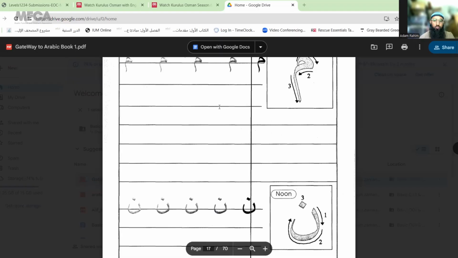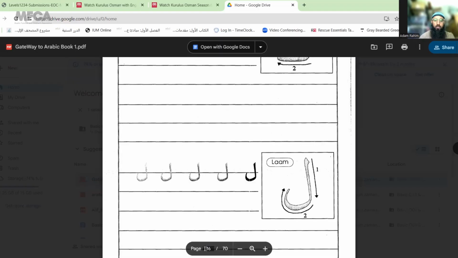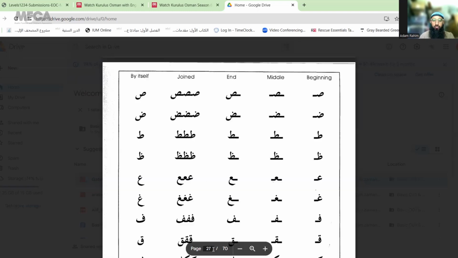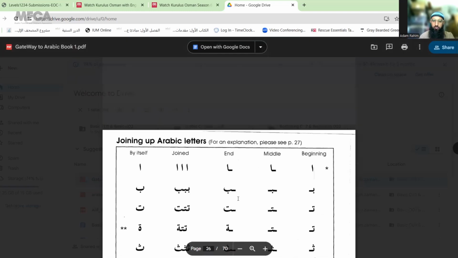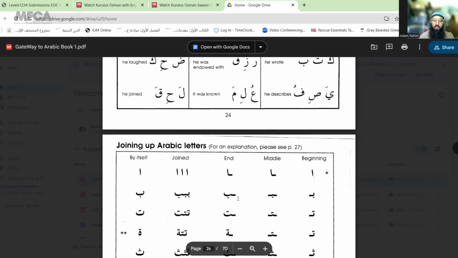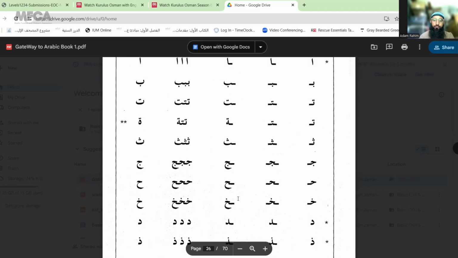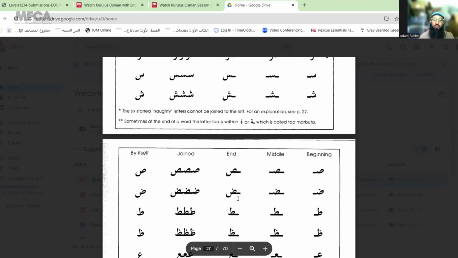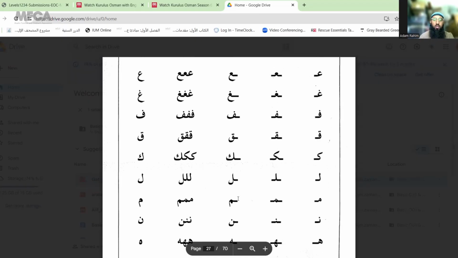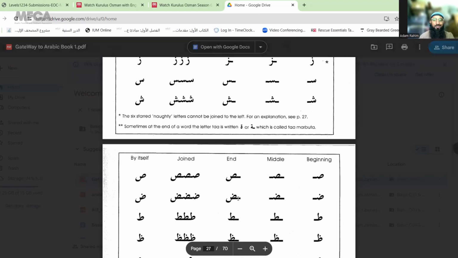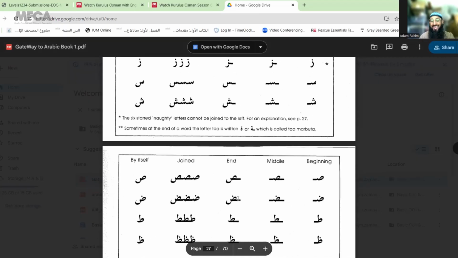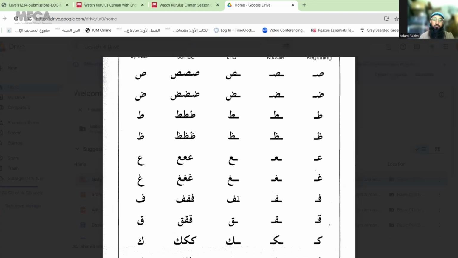So let's take a look at these letters. Remember, guys, any letter that we take, which today will be the remaining letters of the alphabet, you want to ensure that you are referring back to this page, from 25 onwards, where it has the letters in their different positions of a word, whether it's in the beginning, the middle, the end, when they're joined together, and when it's by itself.